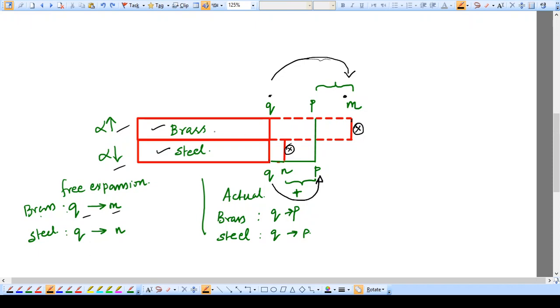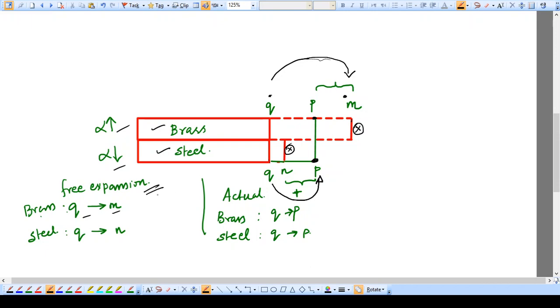But if the two bodies, brass and steel, are rigidly fixed, they will expand as a common member. After expansion, both will stop at the point P. So first we have to see what is free expansion.